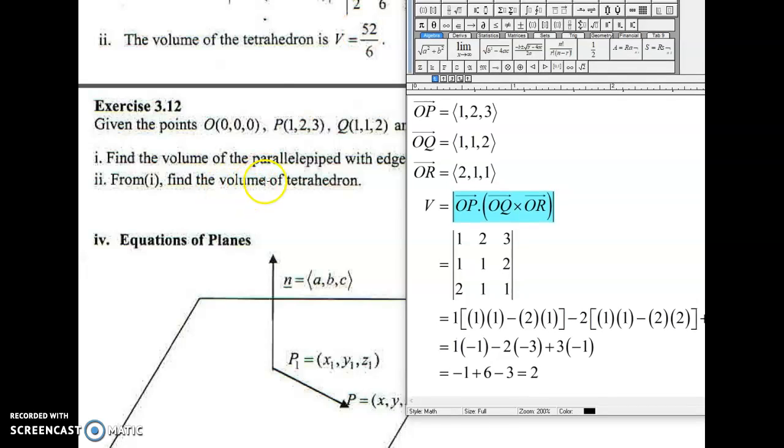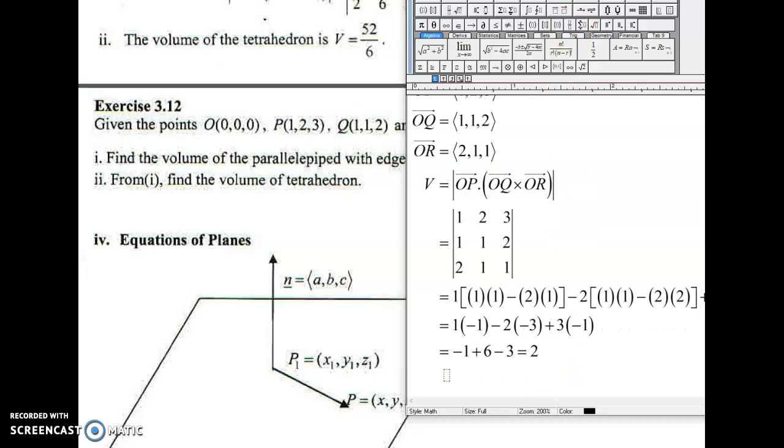Next, from part 1, find the volume of the tetrahedron. As we discussed before, the tetrahedron is 1 part of 6 of the parallel pipe, because 6 tetrahedrons can be combined to become a parallel pipe.